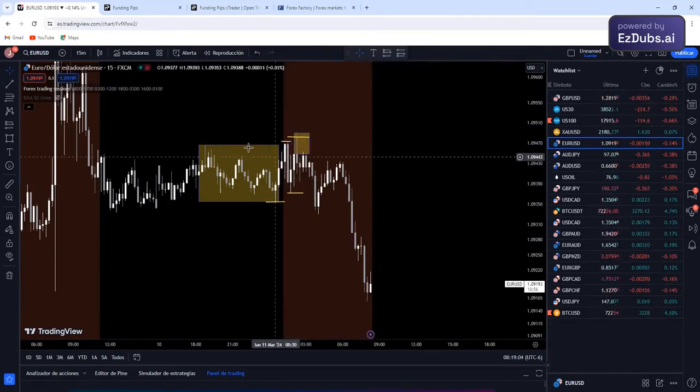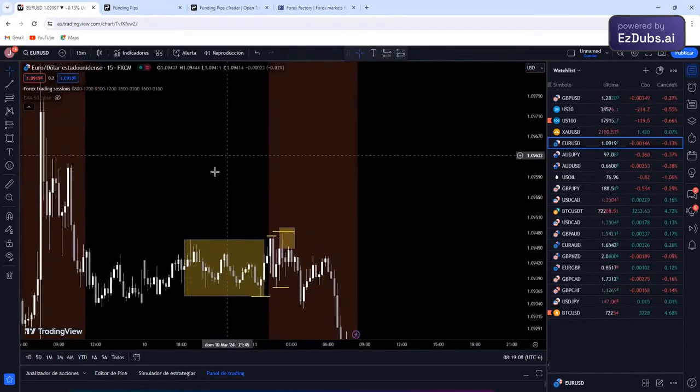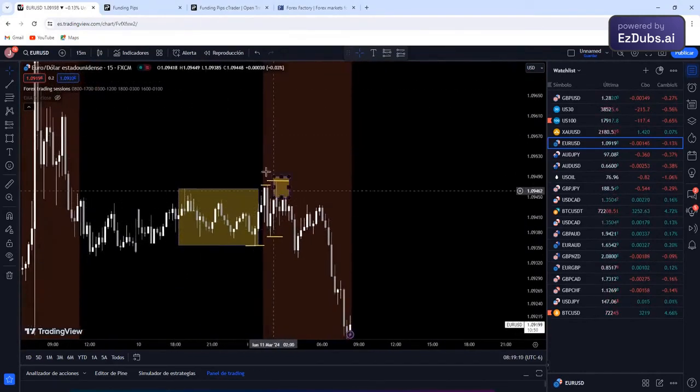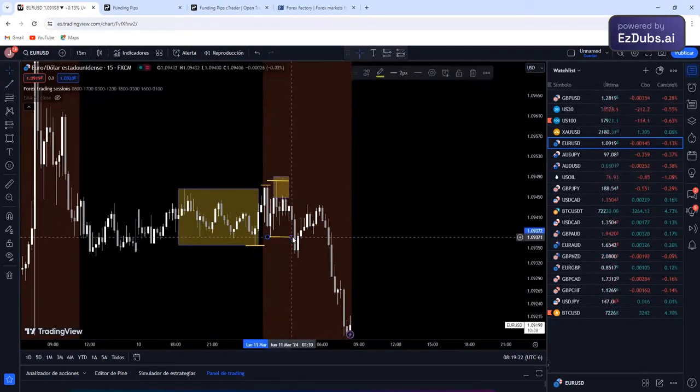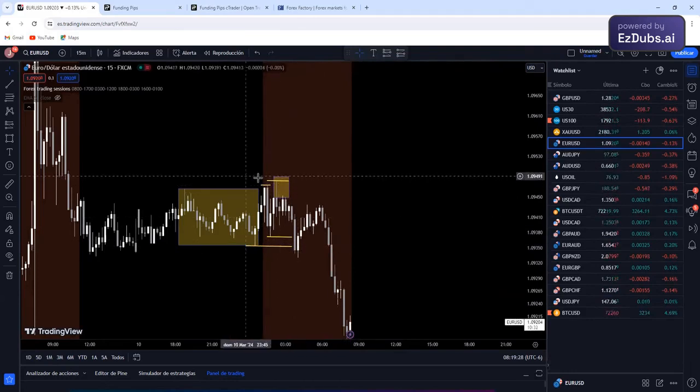Where? Here it makes the change of character, which is the first structure shift, and here it makes the break of structure.